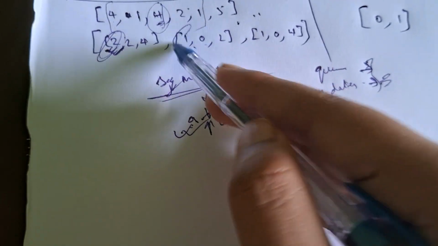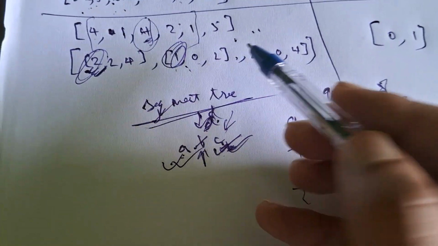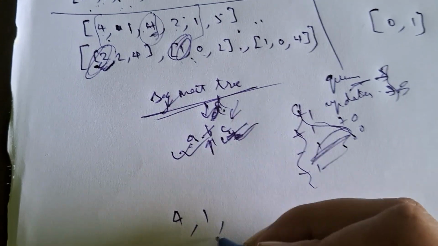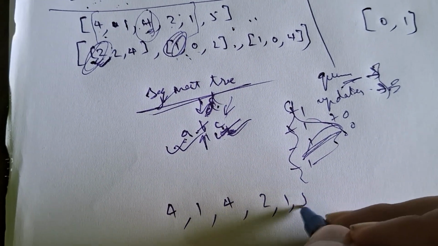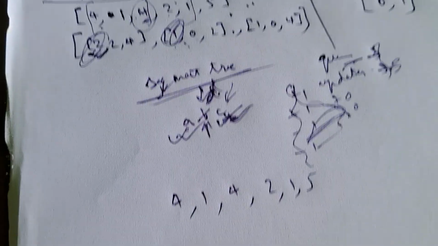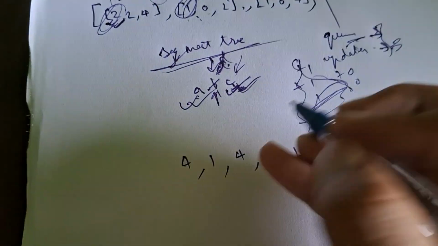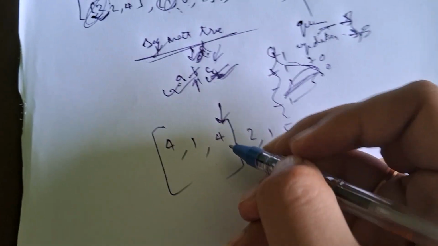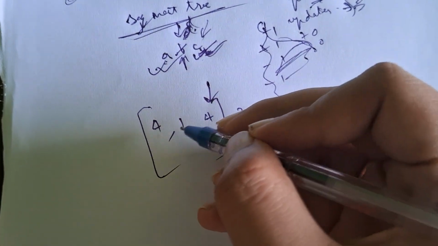Now for 1, when you are going to run the queries, how are we going to run it? Let's say for 0 to 2, 4 1 4 2 1 5. Since we are dealing with only the peak elements, if we consider from this element to this element, this is already a peak because this is greater than this, and this is greater than this.